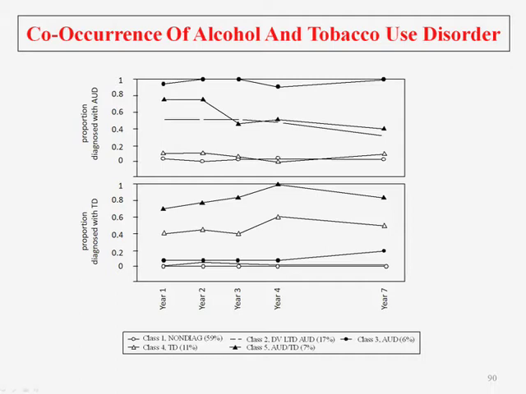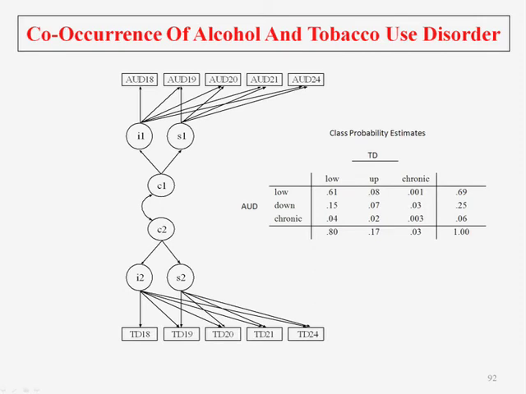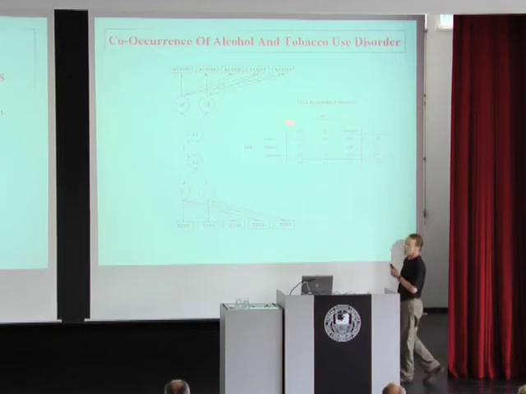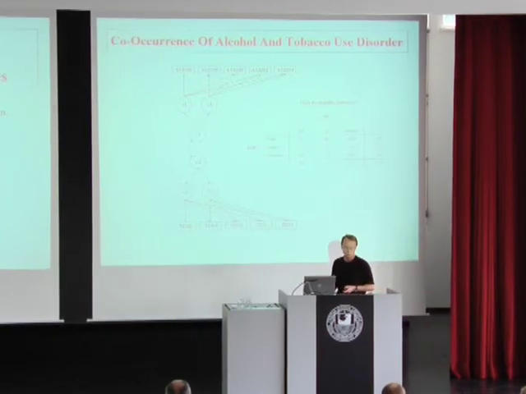You could draw the picture like this, very similar to the two-part model: alcohol use disorder process, linear development at the top, and tobacco use disorder, linear development at the bottom, and two latent class variables that are correlated, one for each of the processes. You can look at the relationship between the two latent class variables and see how alcohol and tobacco use go together.